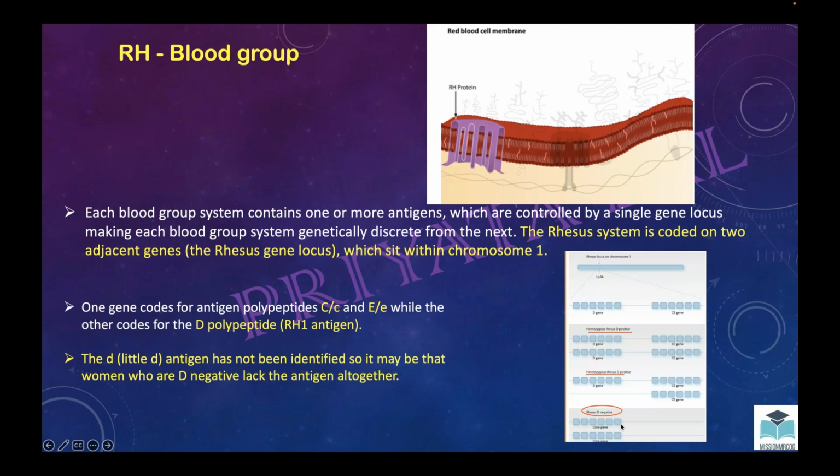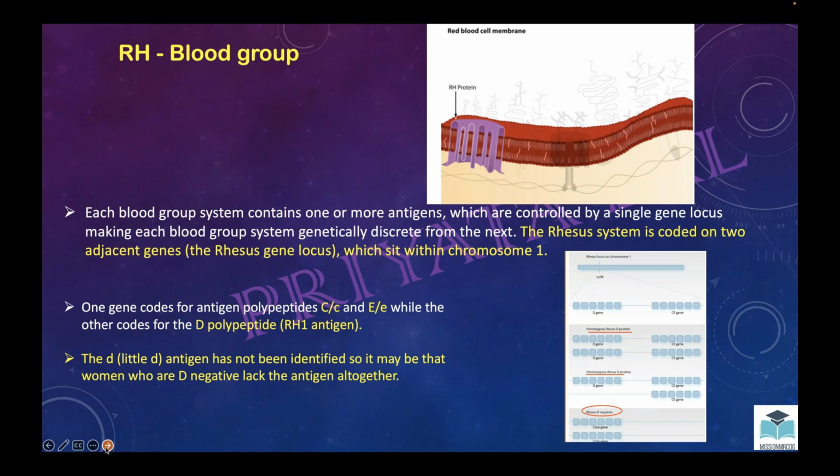Okay, they are on chromosome number 1. So one gene will code for C, small c, big E, small e, and D polypeptide. Okay, and small d antigen is not identified. So if a person is D negative, that means there would be no D antigen. Okay, this is a little basics to know, but again it is not very important for your exam.